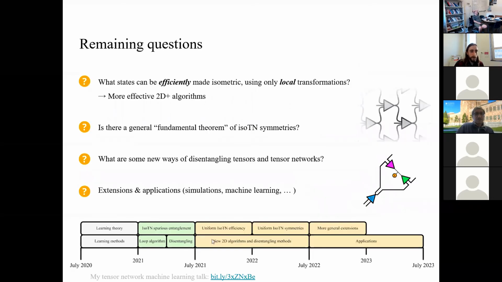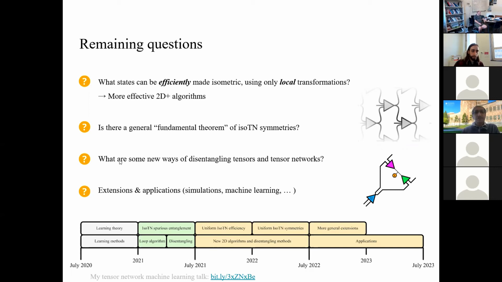And then my remaining questions and my remaining timeline are shown down here. Mainly, what states can be efficiently made isometric, practically using only local transformations, and come up with better algorithms to do so. Is there a general fundamental theorem of isometric tensor network symmetries? That's the theorem that said that one-dimensional isometric tensor networks are related by local gauge transformations.